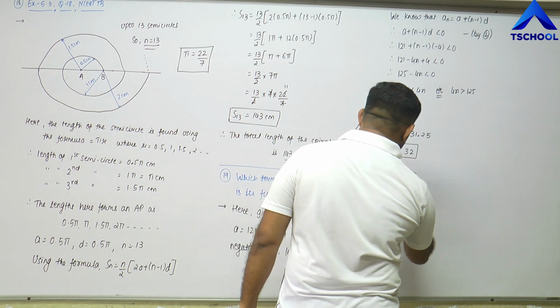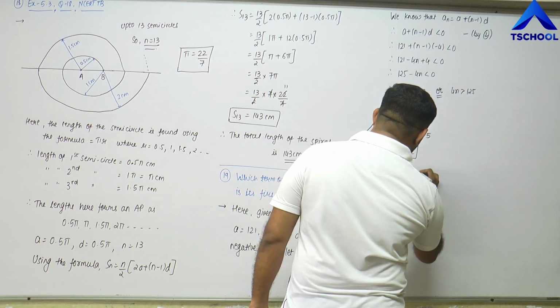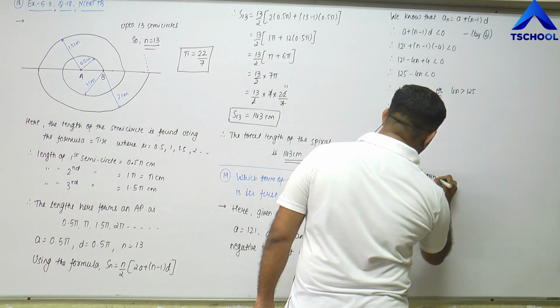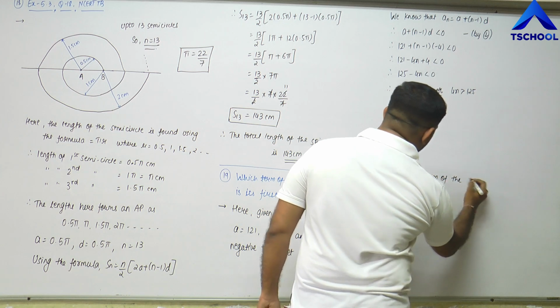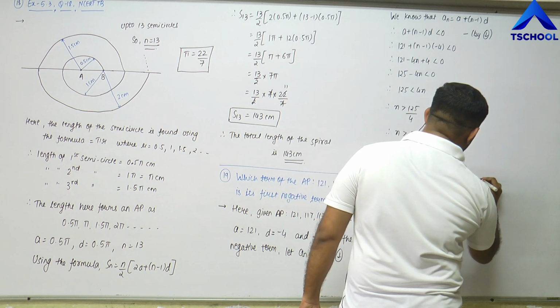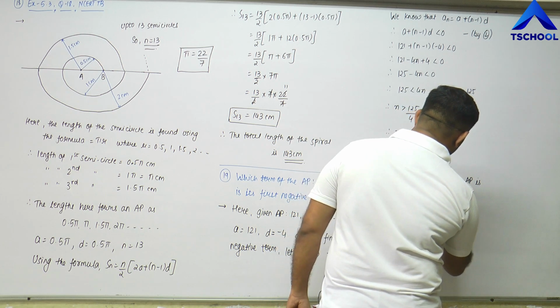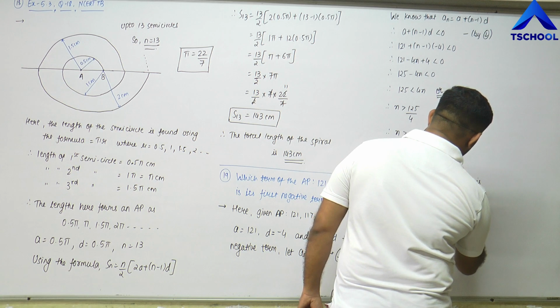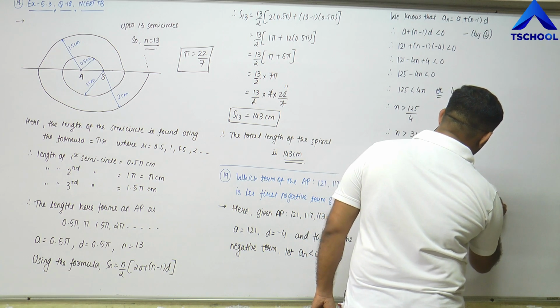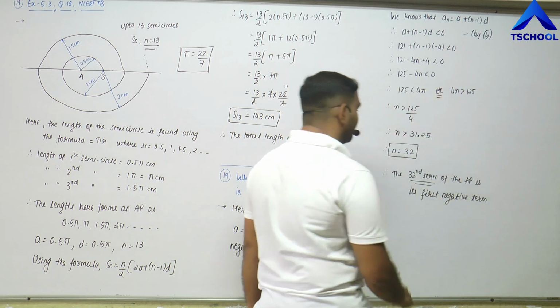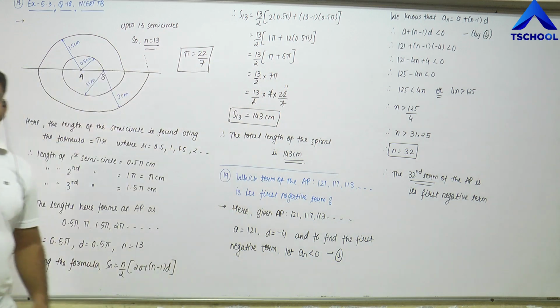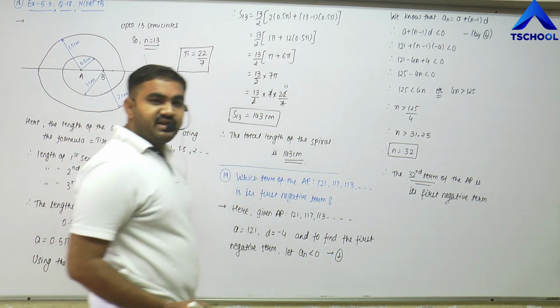Therefore the 32nd term of the AP is its first negative term. Which term, friends? 32nd term of the AP is its first negative term.